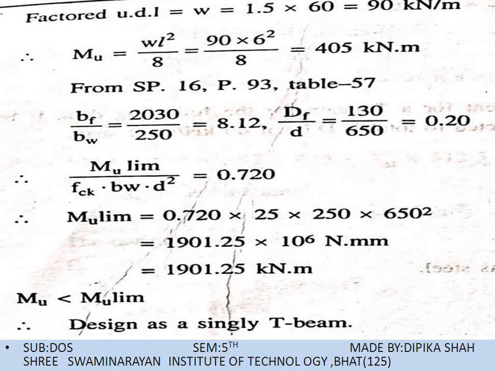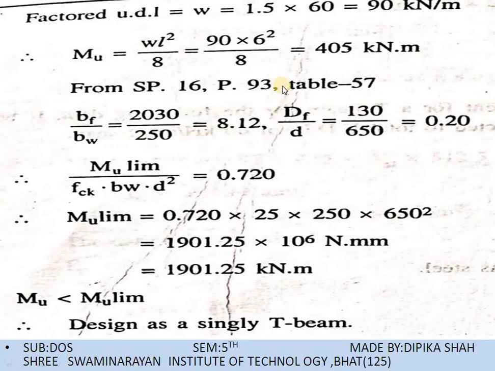So for calculating a MU in a simply supported beam we have one equation, WL square by 8. Here W is a 90 and L is a 6. So we will put all value in this equation and we will get mu 405 kilonewton into meter. Now we will get value of mu limb.